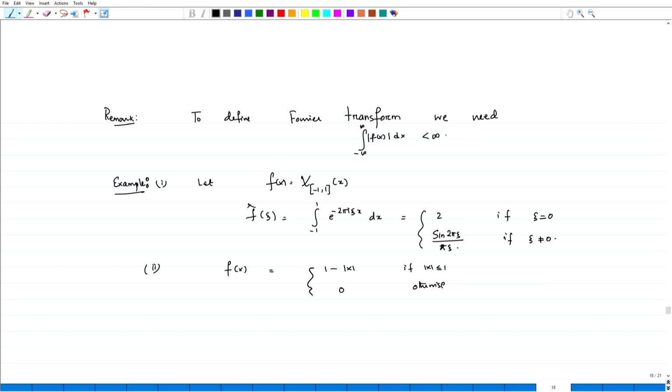So, this is a continuous function, because the function will look like this, with 1 at 0 and 0 at minus 1 and 1. Now if we compute the f hat of xi, the function is supported on minus 1 to 1, so the rest of the integral is going to vanish. So, this is what we need to compute.